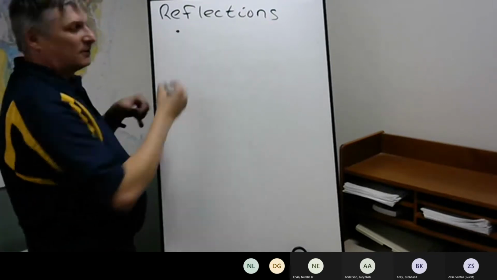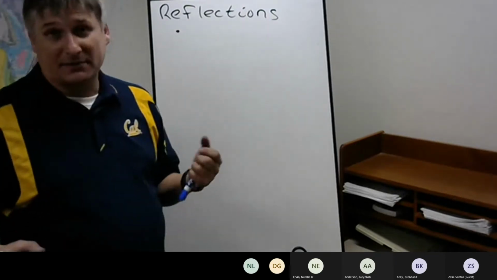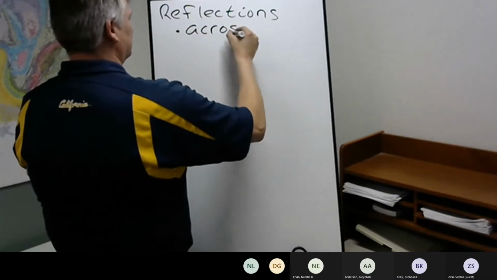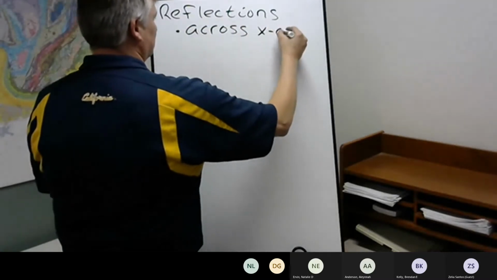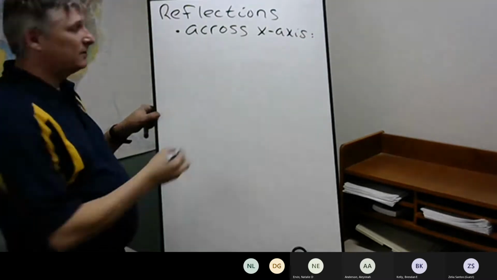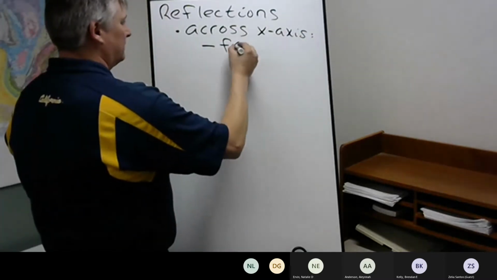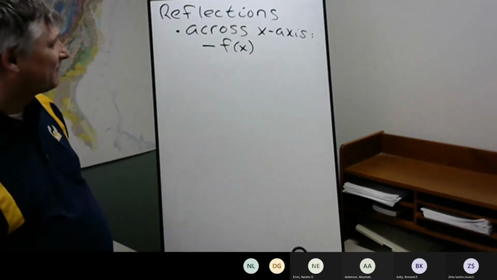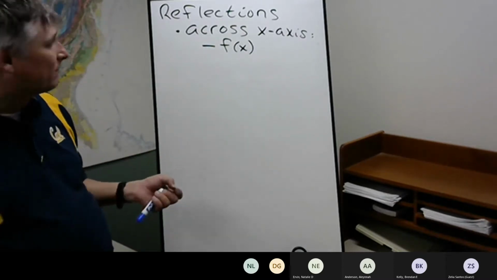So the first one we're going to look at is across the x-axis. And what we're going to do is attach a minus sign to f of x. And that's going to be it.